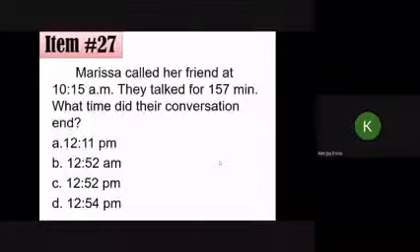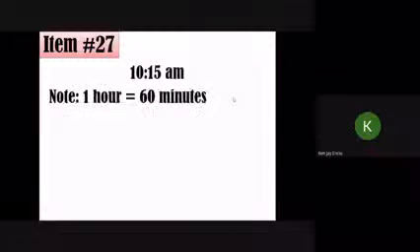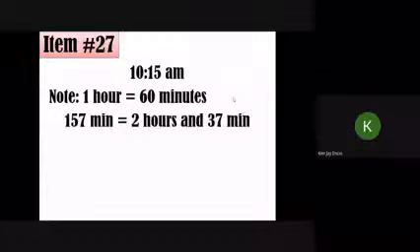So it's important in this problem that we convert. In my case, I converted 157 minutes to hours and minutes. And we know that an hour is equal to 60 minutes. And by division, if you divide 157 by 60, it will give you 2, remainder 37.